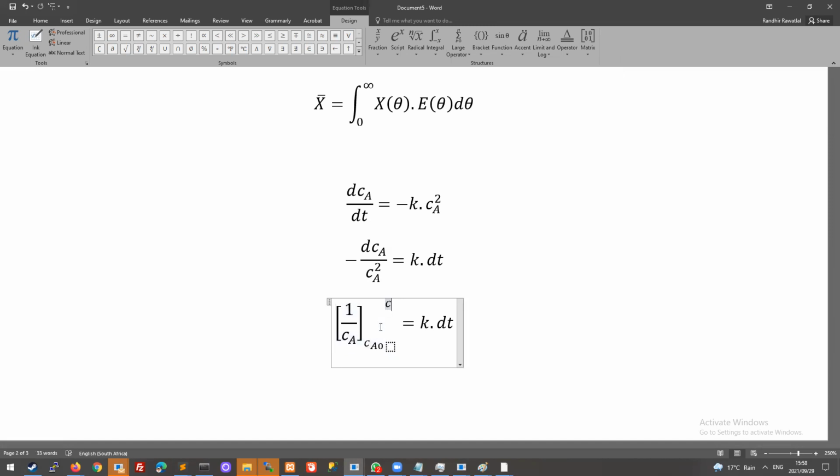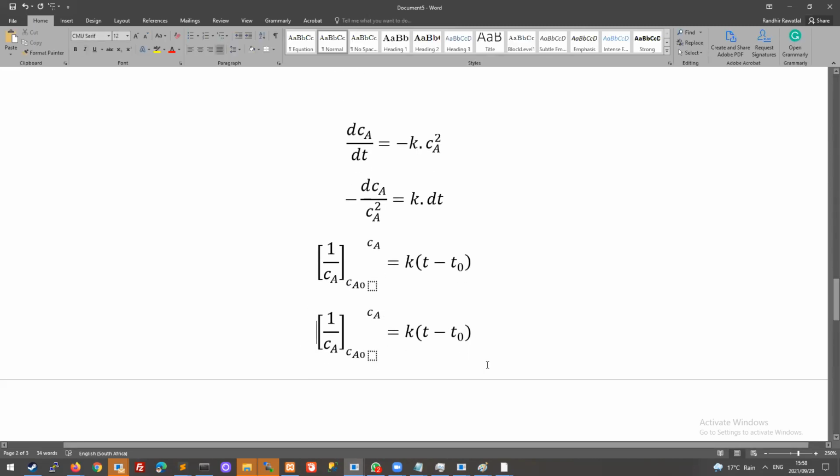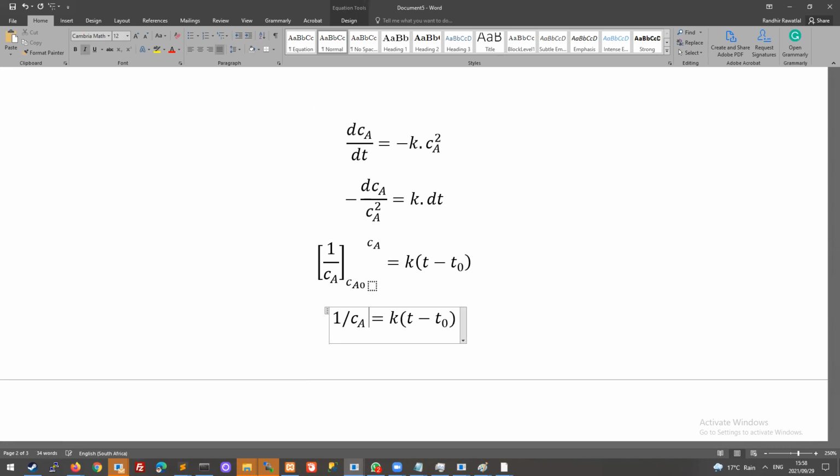And so that's the upper limit, okay? And then this integrated is going to be t minus t naught. Okay, so this is going to be 1 over CA minus 1 over CA naught equals that.